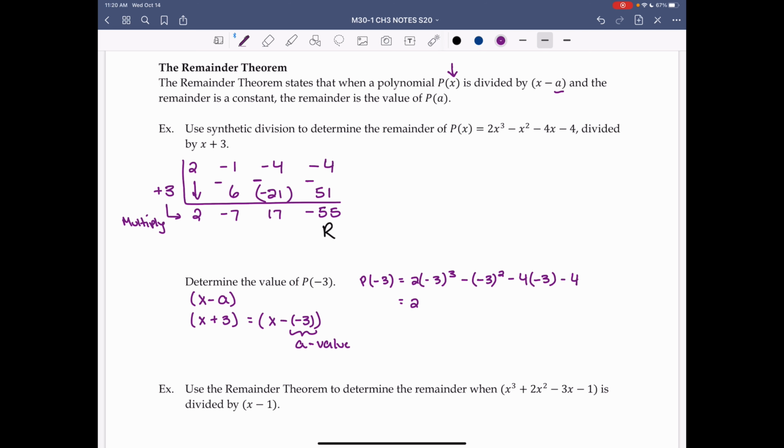which gives us 2 times -27 minus -3 squared is +9. Minus 4 times -3 is +12 minus 4. 2 times -27 is -54. -9 plus 12 is +3, and then minus 4. -54 plus 3 would be -51 minus 4, which gives us -55, which was our remainder.